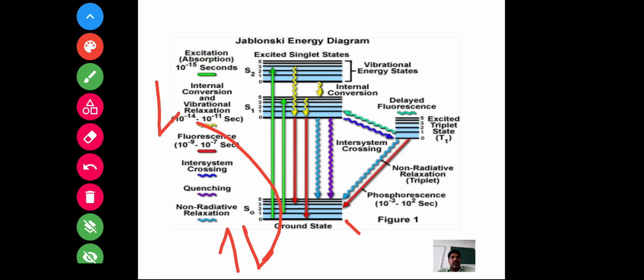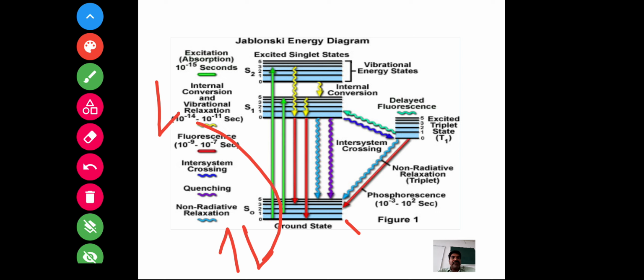So, when the molecule absorbs radiant energy, its ground electronic energy level gets promoted maybe up to S2, sometimes up to S1.